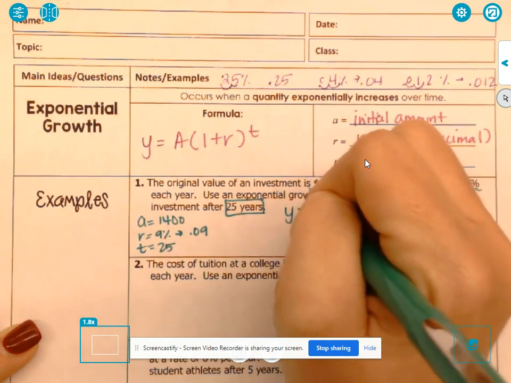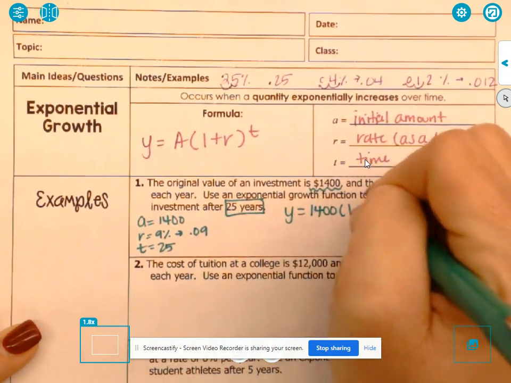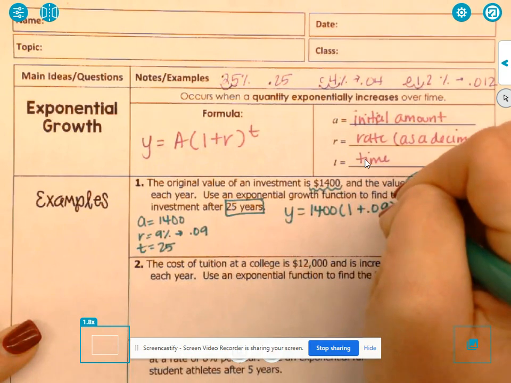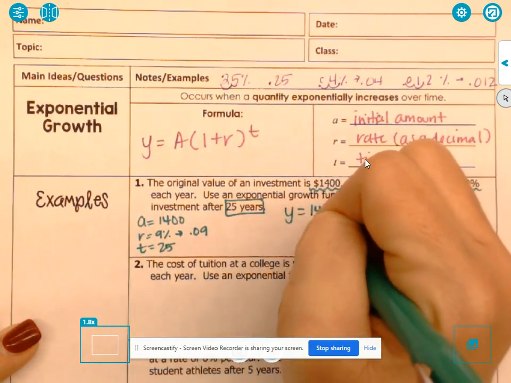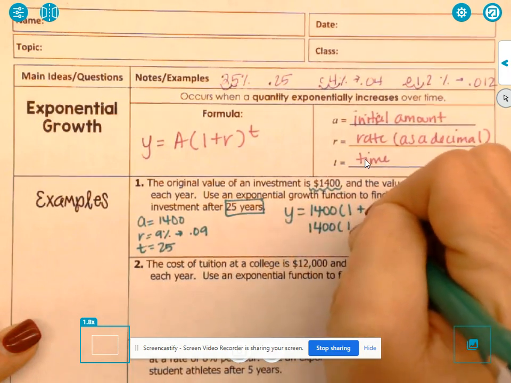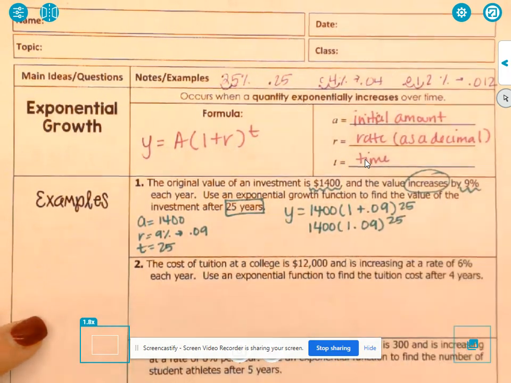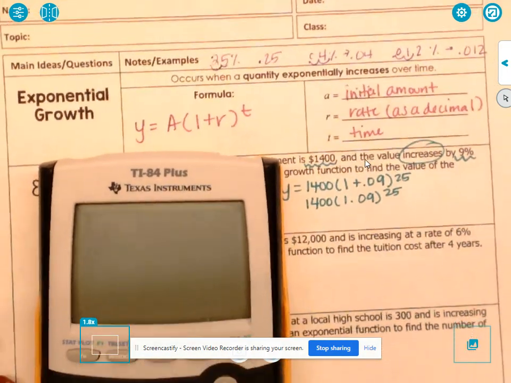So I'm going to plug it in exactly like you would see it in the formula initially. It's going to be y equals 1,400 times (1 plus 0.09) to the 25th. On your EOC, a lot of times they are going to go ahead and combine this together. It doesn't matter mathematically, and I will show you that here.